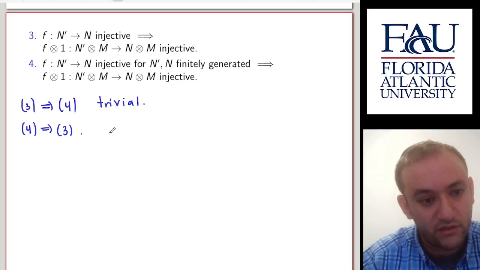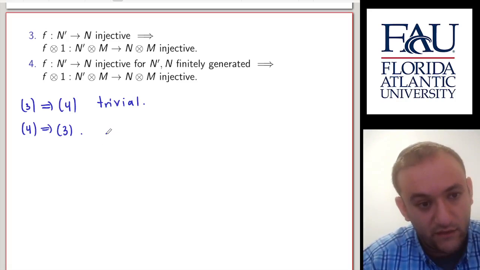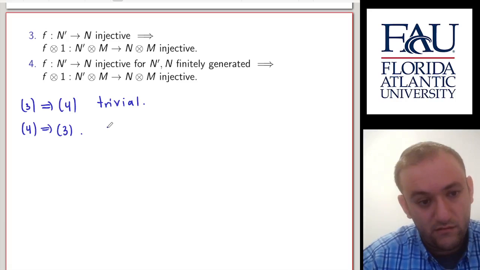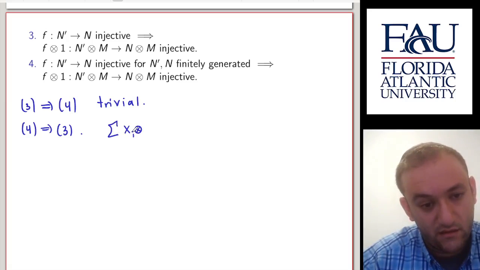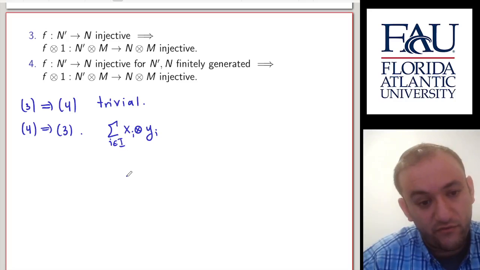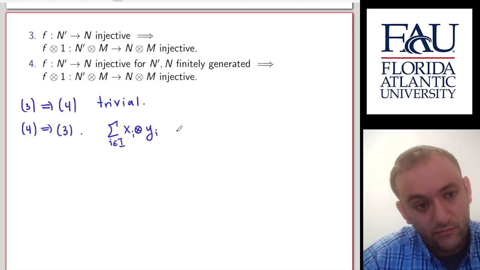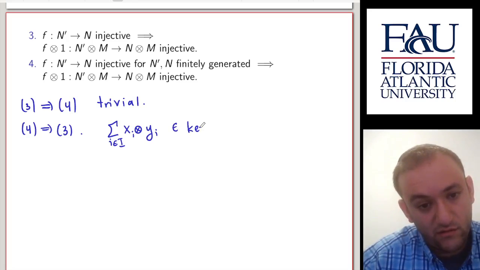Okay, so for example, we want to prove 3. So take an element in the kernel of f tensor 1. Okay, so let x be of the form the sum of xi tensor yi, where i is in some finite index set. And so this is going to be in the kernel of f tensor 1.